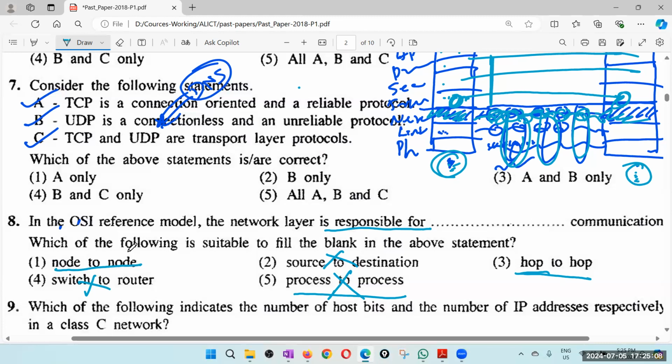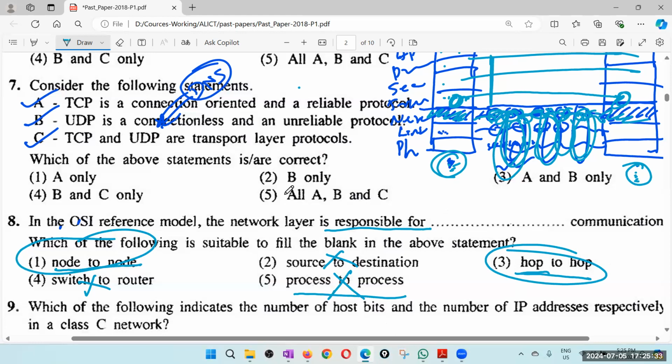I'm not very sure what the examiner means by hop to hop, because sometimes we use these as nodes or hops. In that case, I feel like both 1 and 3 are correct. But I think the examiner has taken one of those as the answer.